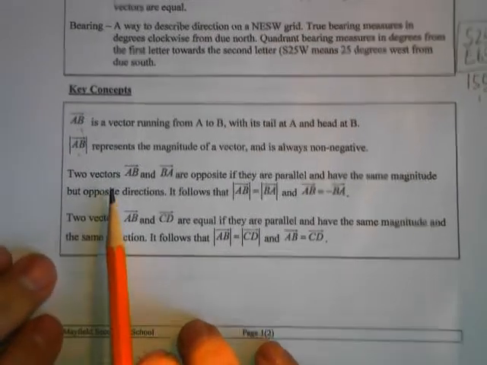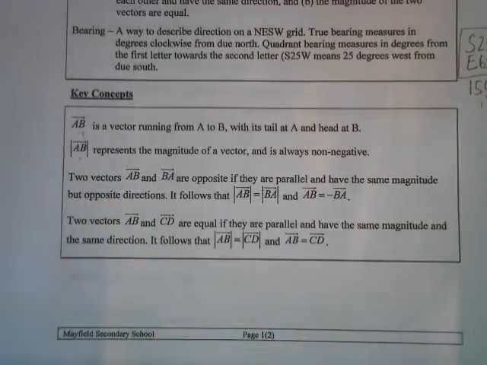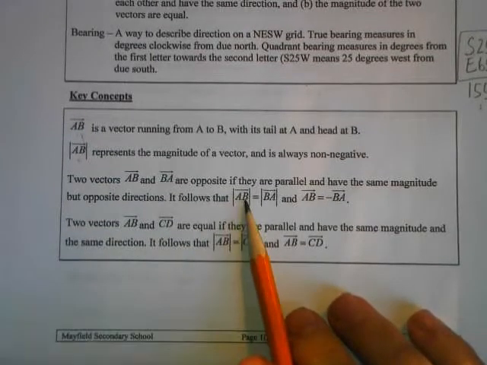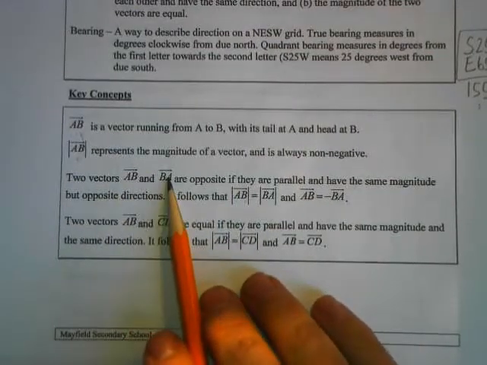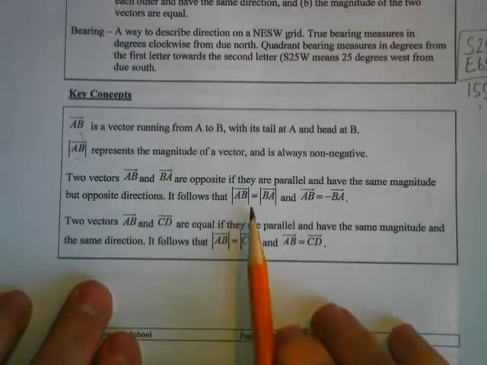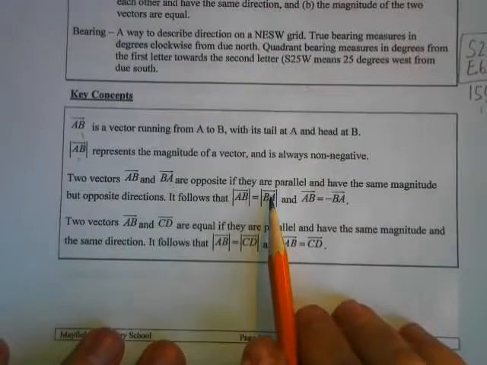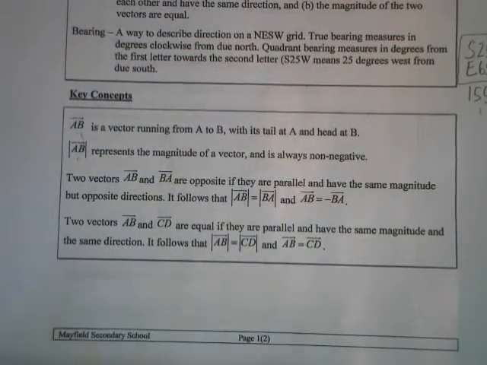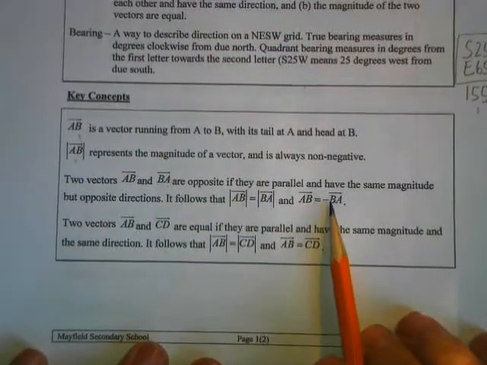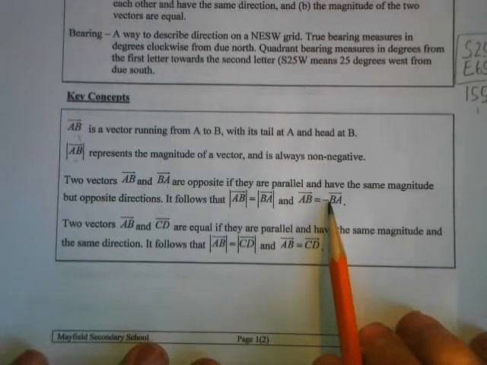Here we have our opposite directions, so vector AB and vector BA are opposite if they are parallel and have the same magnitude, but opposite directions. So it follows that if you take the magnitude of these two opposite vectors by putting those vertical lines, we know that the magnitude of vector AB is equal to the magnitude of vector BA. And we could also put a negative sign in front of a vector to indicate the opposite direction.